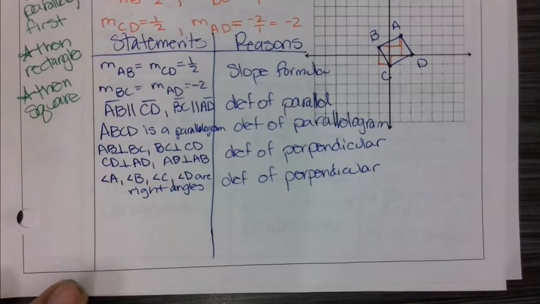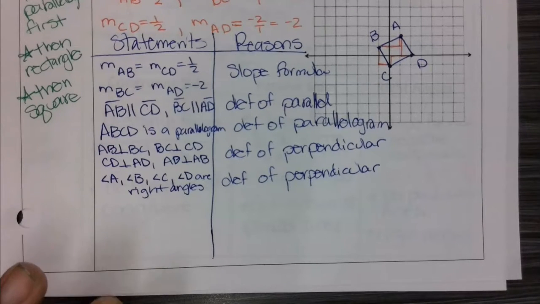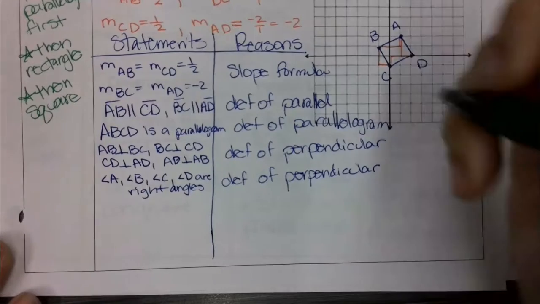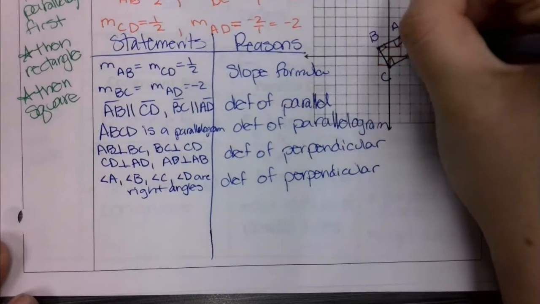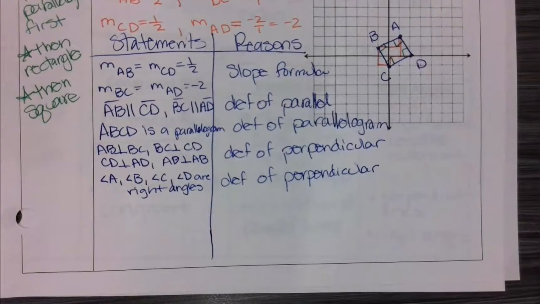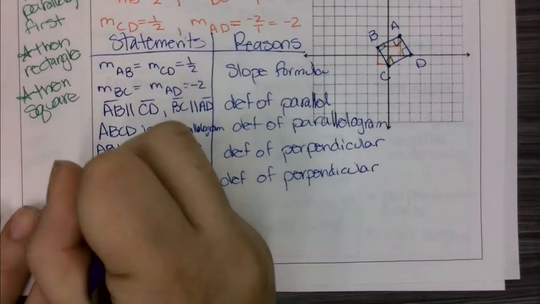Okay. Then, now that I have it's perpendicular, what can I say? What kind of shape is this? No, I can't say that quite yet. I've only proven it's a rectangle.